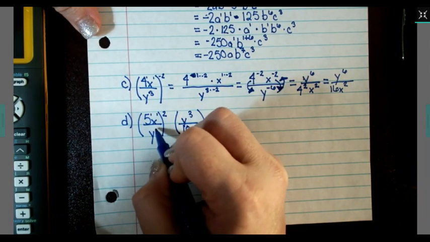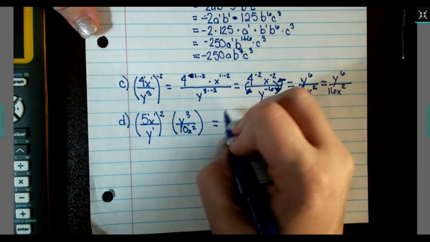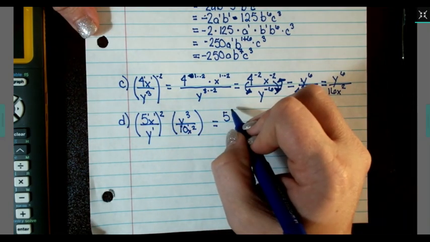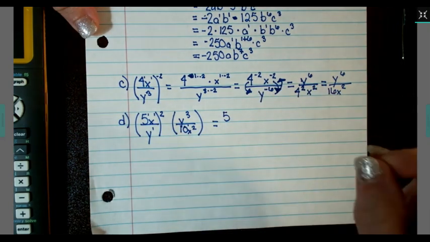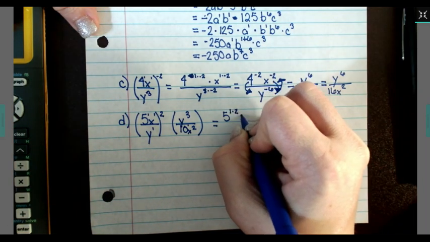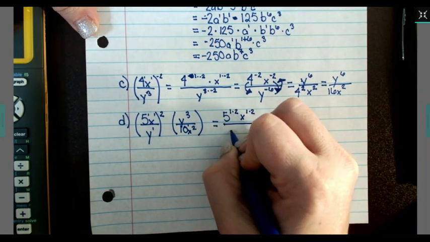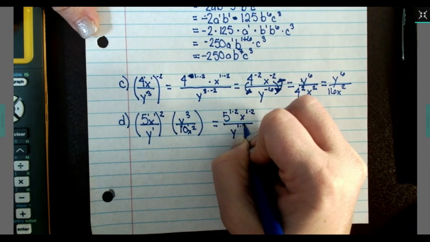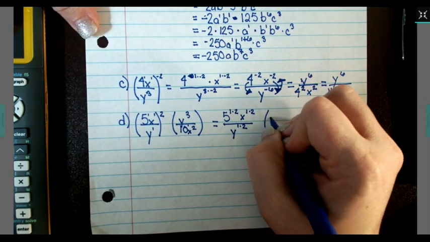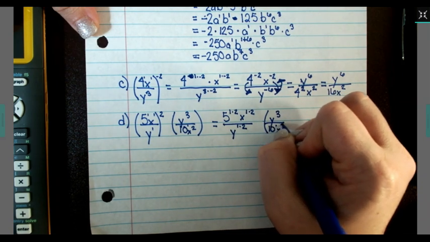Put our ones where they're imaginary, right? Everything gets a 1, right? So we've got a 2 on the outside of this parenthesis. So every exponent gets raised to a 2, so we multiply by 2. 1 times 2, x 1 times 2, y 1 times 2. And then we got y cubed over 10x squared.